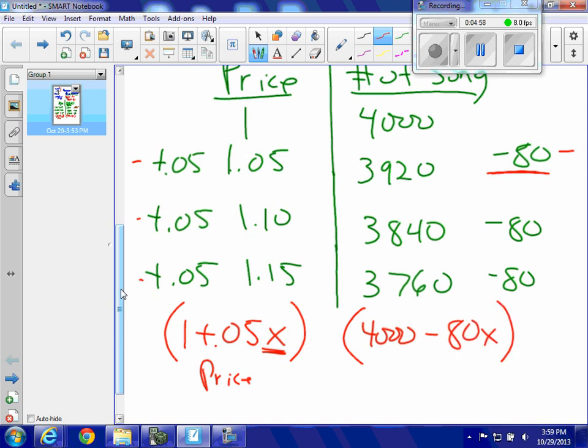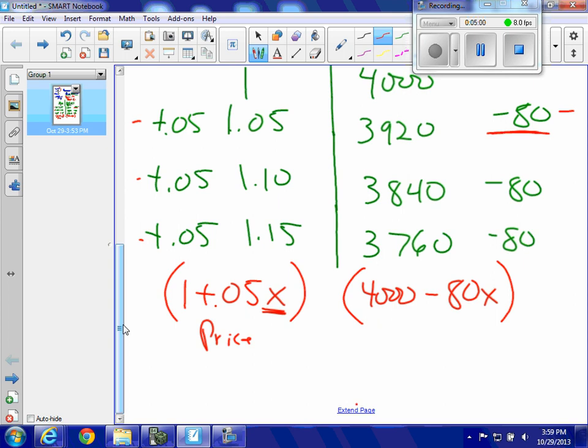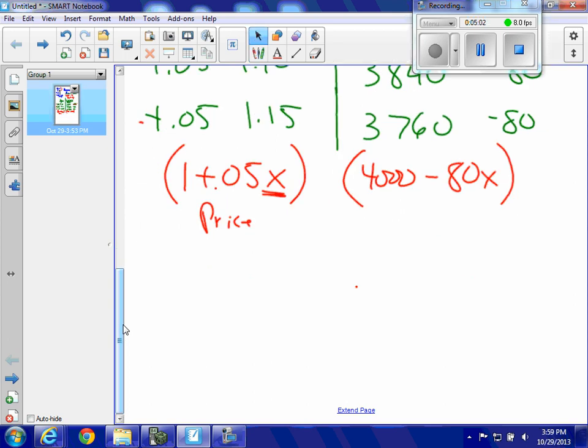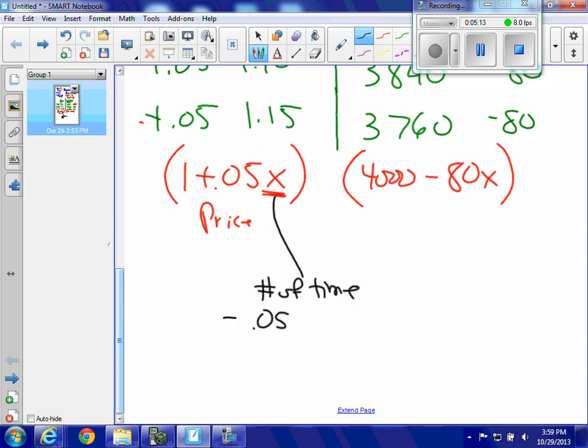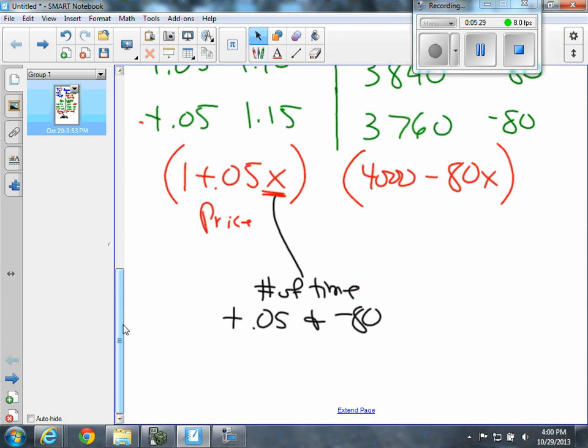My x is the same in both cases. My x represents the number of times my price went up by 5 cents and the number of times my number of songs went down by 80. So try and think that through when you see these kinds of problems.